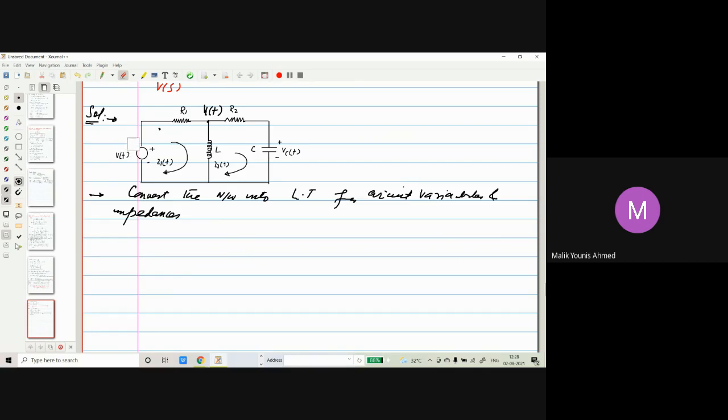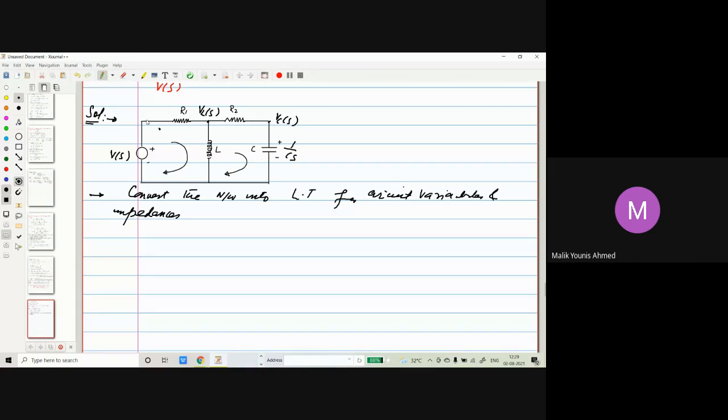Here, instead of V of T, we will write 1 by C of S, and you can write this voltage VC of S here.